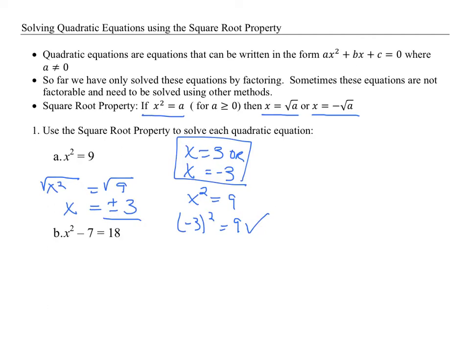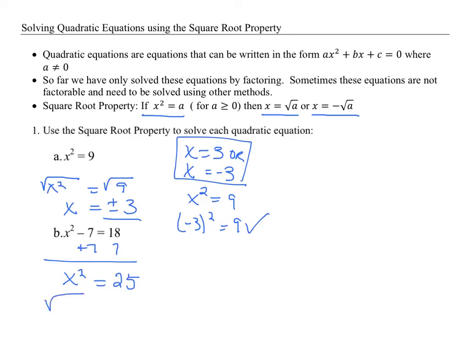Now let's do B. It's really important that you have something squared equal to some kind of constant on the other side. So this 7 is actually misplaced. I'm going to add it to both sides, and I get x squared is equal to 25. Now I'm going to take the square root of both sides.